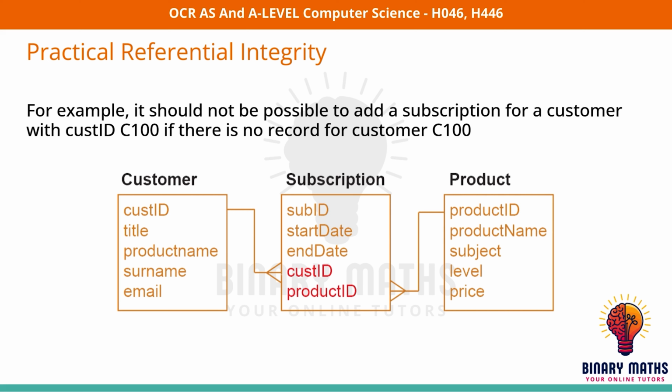Again, this might seem like a small thing, but it's incredibly important. Without referential integrity, your database could quickly become a mess of broken links and inconsistent data. So always make sure your database enforces referential integrity. It will save you a lot of trouble in the future.